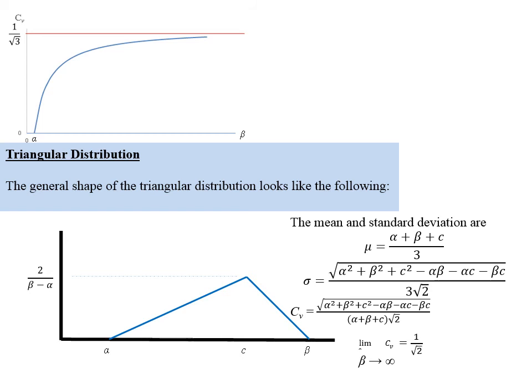But now the point is, if this parameter approaches infinity, then this becomes 1 over root 2. All of this you can calculate by yourself to understand the concept of this approach or theory.